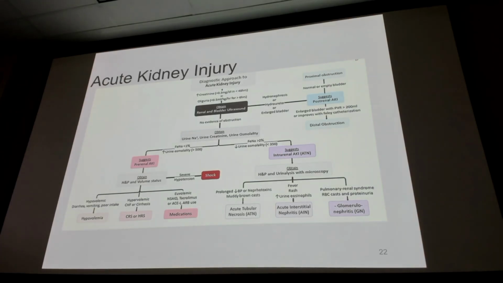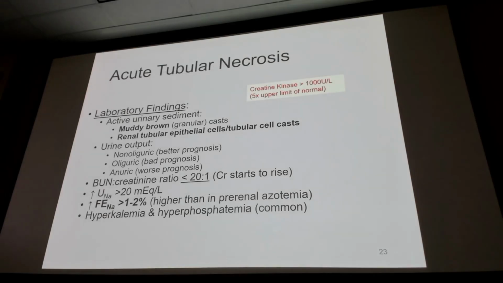Okay. You'll see that muddy brown casts and renal tubular epithelial cells and tubular casts are bolded on this slide. That might be an important thing to take note of.